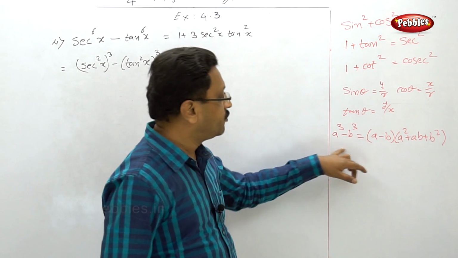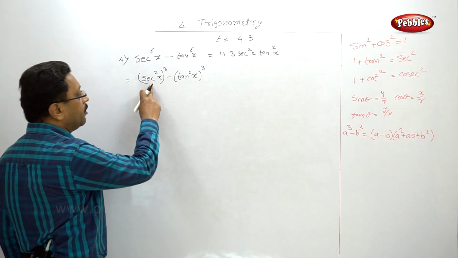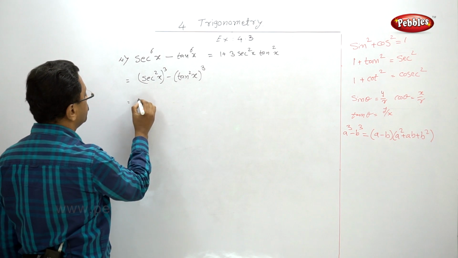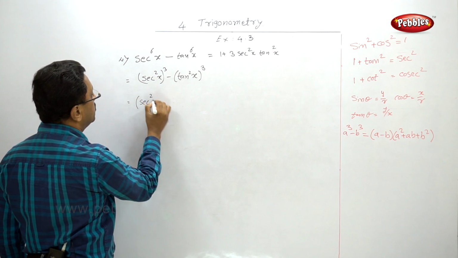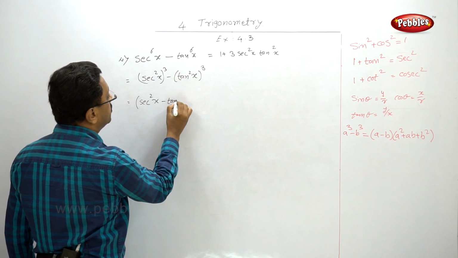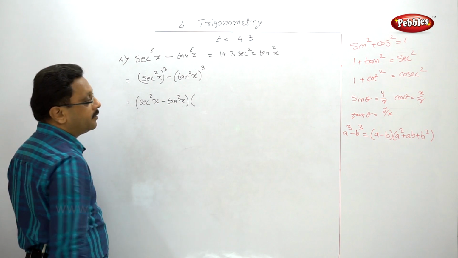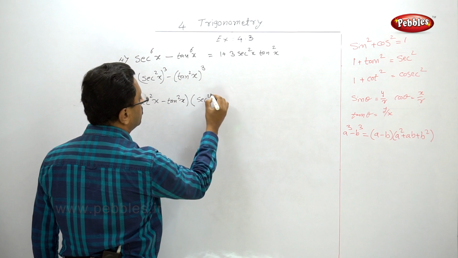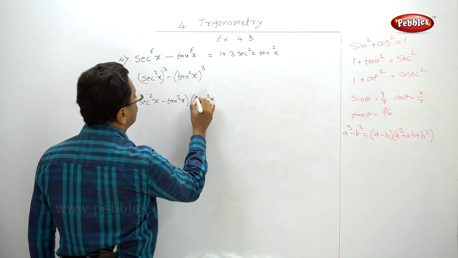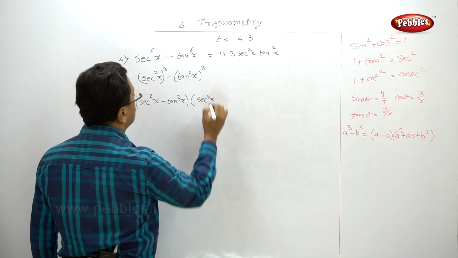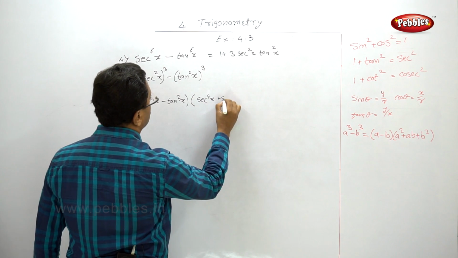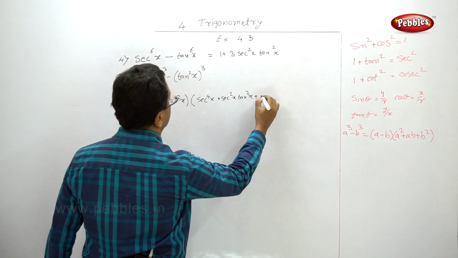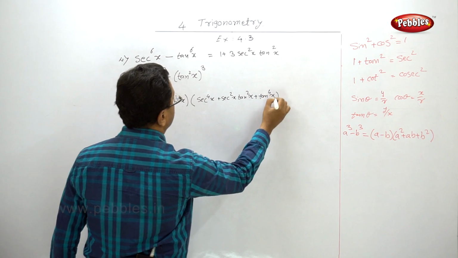Now can we make use of these formulas there? So now we have exactly that kind of formula, a cube minus b cube. So we will write sec square x minus tan square x into bracket sec raised to 4x plus sec square x tan square x plus tan raised to 4x.